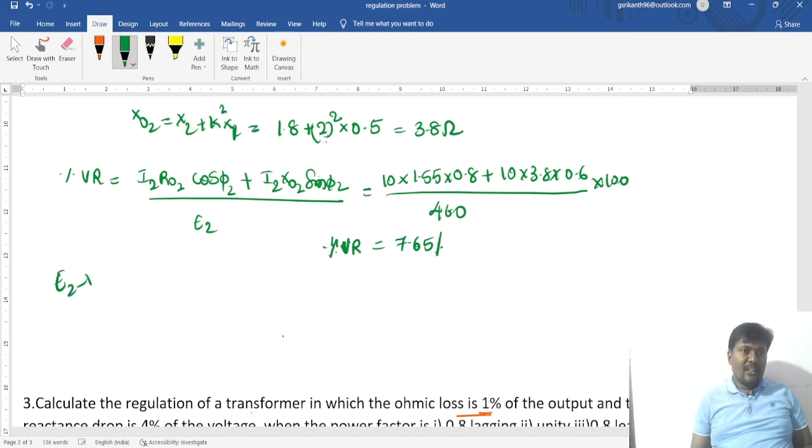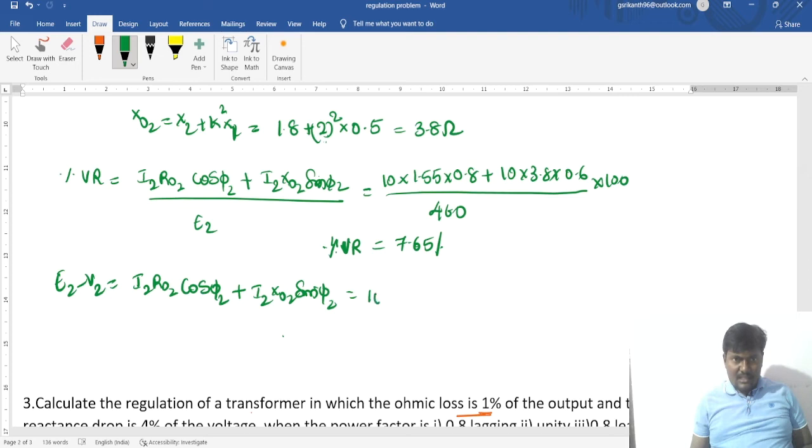So E2 minus V2 is equal to I2 R02 cos phi 2 plus I2 X02 sin phi 2. What is I2 value is 10 into 1.55 into 0.8 plus 10 into 3.8 into 0.6.